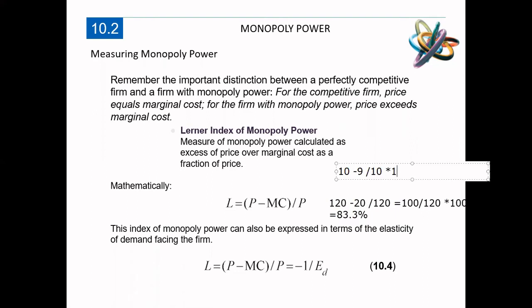You imagine? 10% means this is the concentration issue. I have only 10% power. I don't have that much power. And this will be based on the elasticity as well. So I can find the concentration ratio or the monopoly power or the huge impact. It depends on the elasticity of the product, and it depends on the Lerner index or the monopoly power.